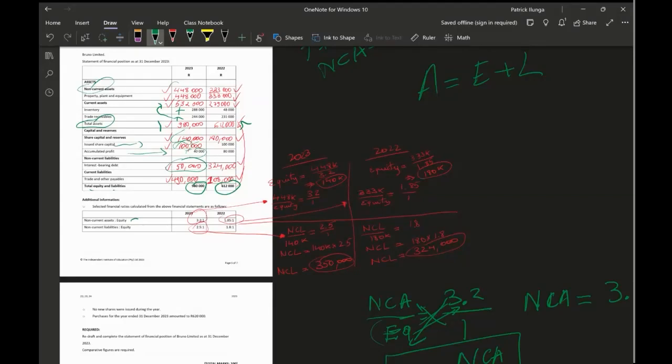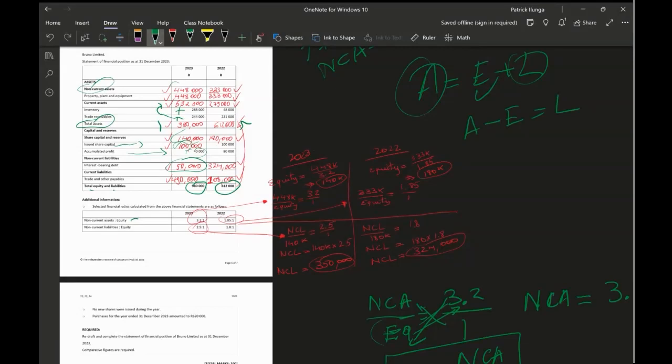Obviously, asset equals equity plus liability. If you managed to get the equity, you can get the total liability. You just take the asset minus the equity, and you get the liability.